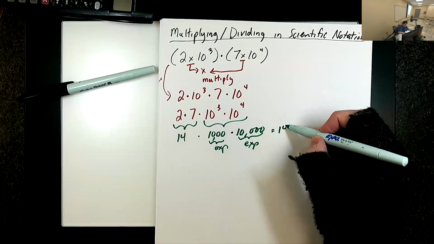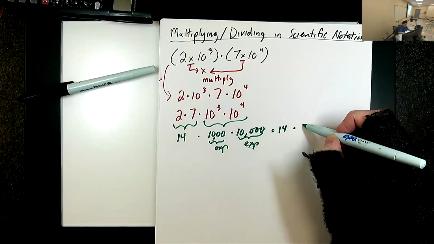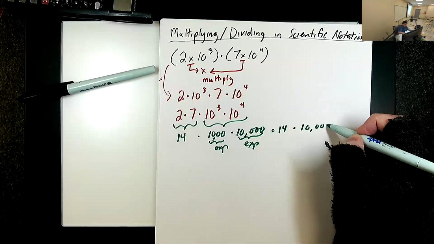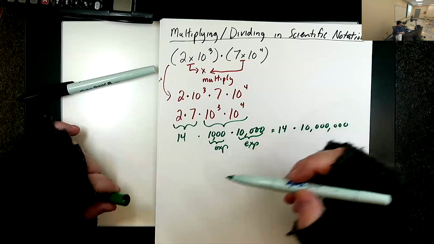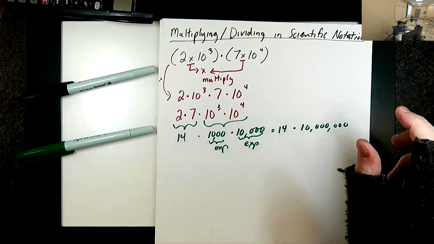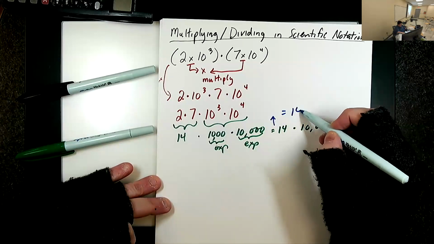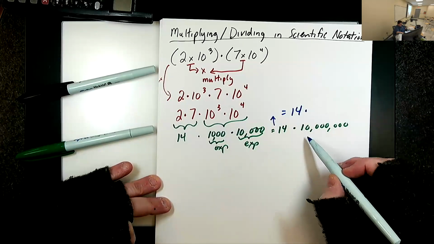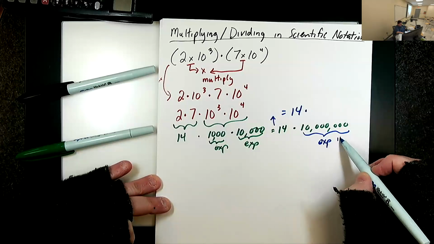Well, if I multiply 1,000 times 10,000, I get 10 million. So if I move that up and write that in terms of what we're doing up here, 14 times, and again, this is the exponent, the number of zeros.